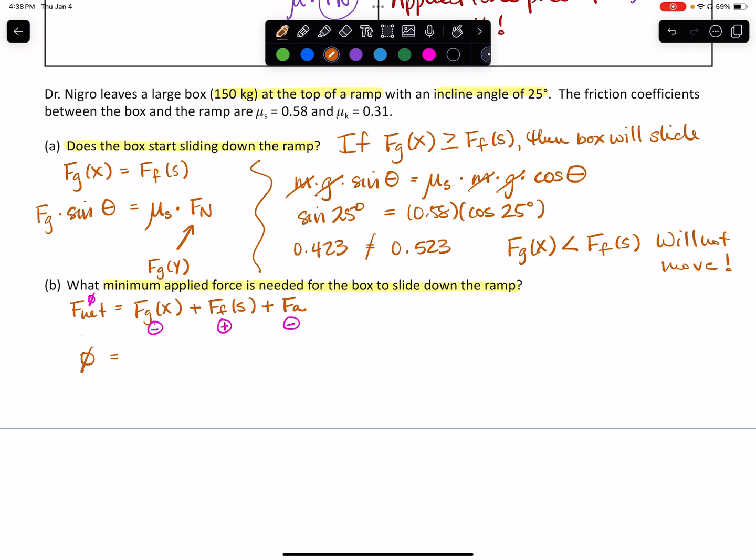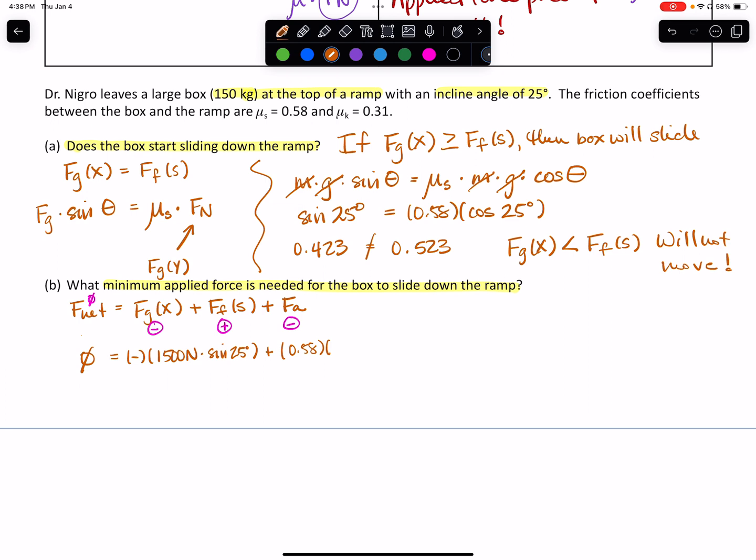I already said it's negative, and it's going to be the mass times gravity times the sine of the angle. My box is 150 kilograms, so 1,500 newtons times the sine of 25 degrees, plus the static coefficient of 0.58 times F_g, the y component, because remember that's what equals our normal force.